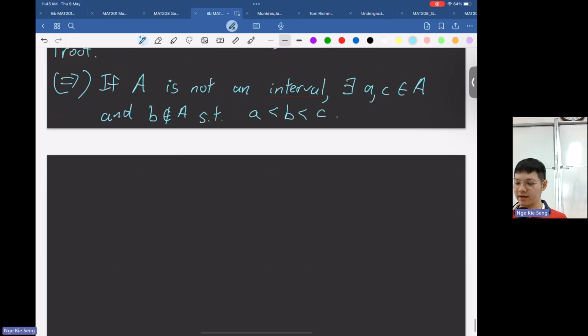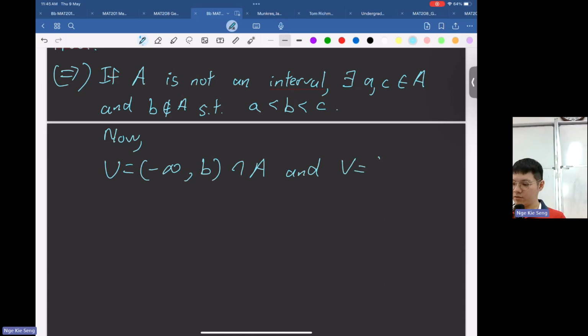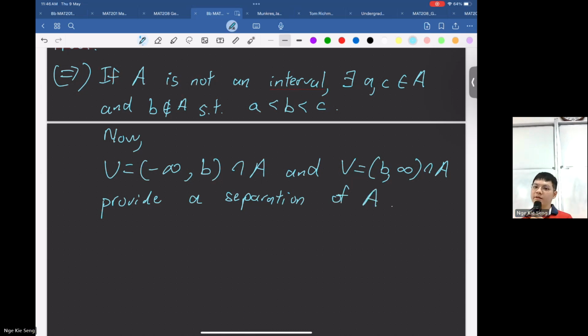What I'm going to do is simply take U to be negative infinity all the way up to B, intersect my set A, subspace topology, and V equals B to infinity intersected with A. Okay, then these two will provide the separation for A. So A is not connected.